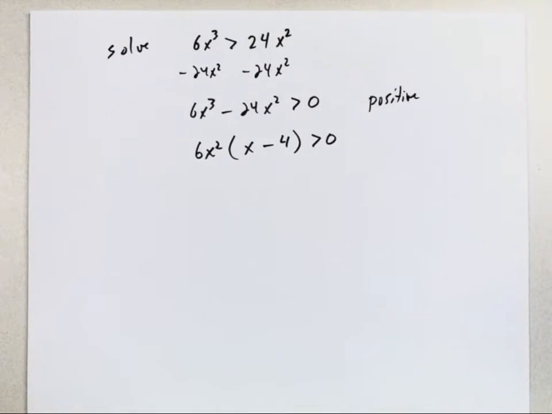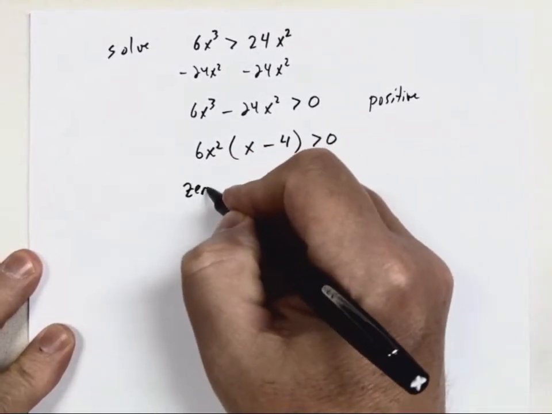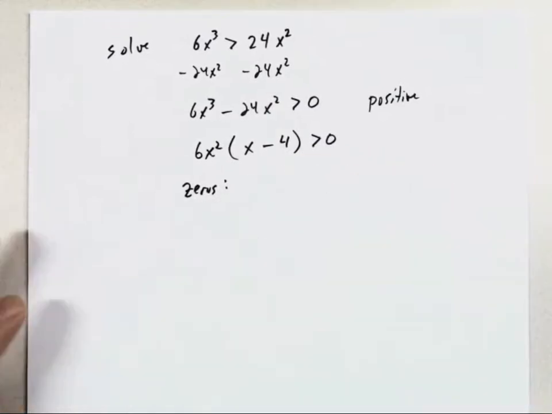Once again, in the last video I said, if you can't factor, then you're probably not going to be able to solve these inequalities. At least not the method we're doing now. But since we're able to factor it now, we need to find the zeros of the expression. So the zeros are the values of x that would cause the whole expression to equal 0.